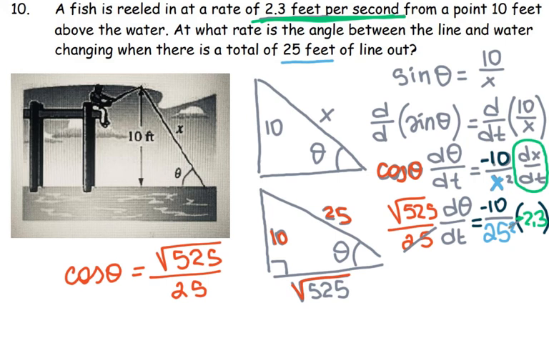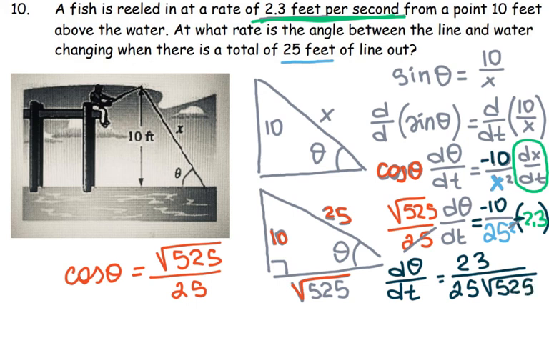So d theta over dt is equal to negative 10 times negative 2.3, which gives me 23, and in the denominator, I will have 25 and the square root of 525. So d theta over dt is equal to 0.04 radian per second.